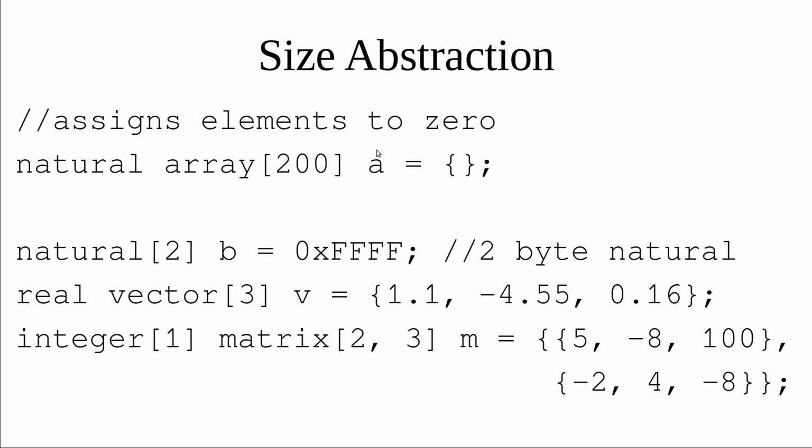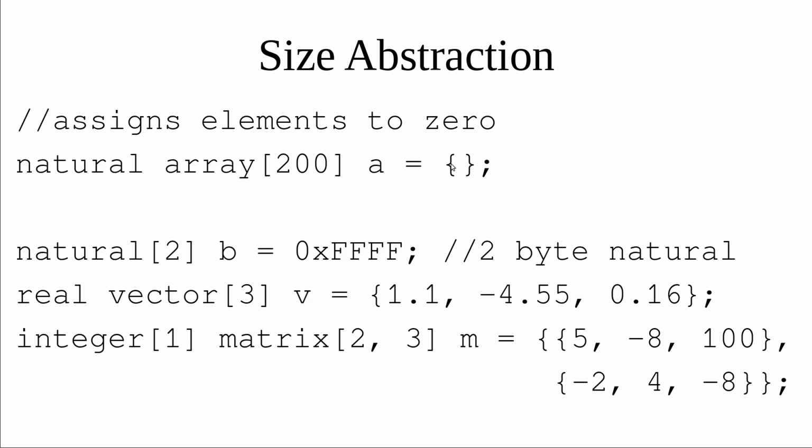A is our variable here, but the actual size abstraction is on the type array. This, of course, is a natural array, and whenever it's just 2 braces, that's going to, with the array type, initialize all the elements to 0.